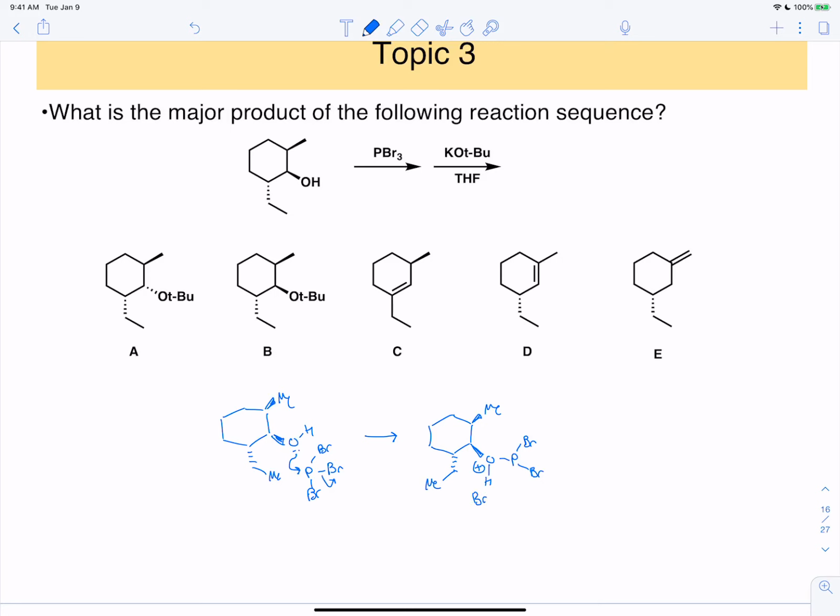The counter ion we have is a bromide anion, so it'll be the nucleophile that's able to come back and attack this carbon in an SN2 fashion, thereby inverting the stereochemistry, and we end up with a bromide that is down.